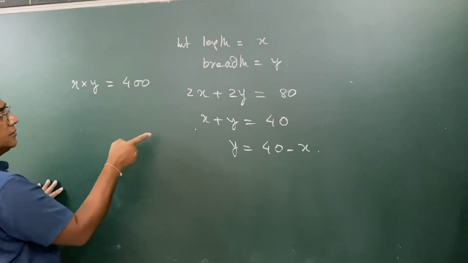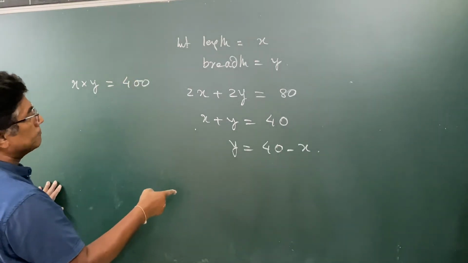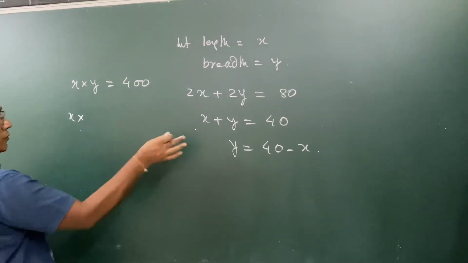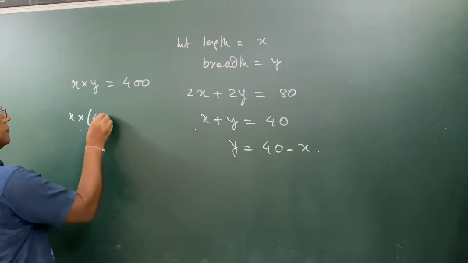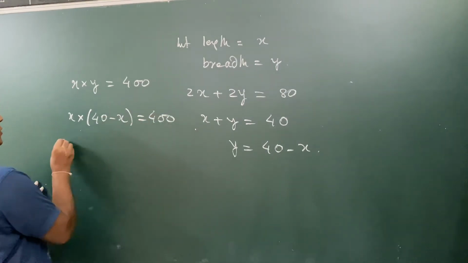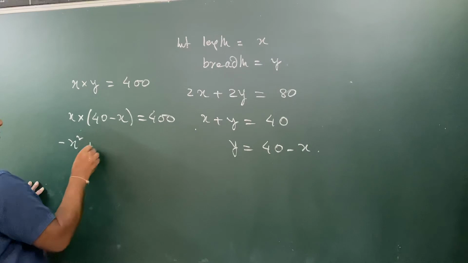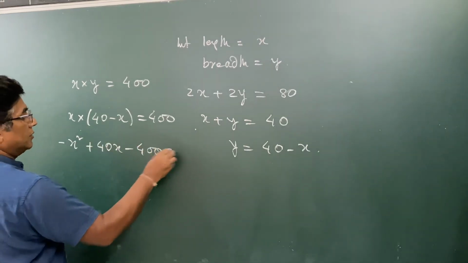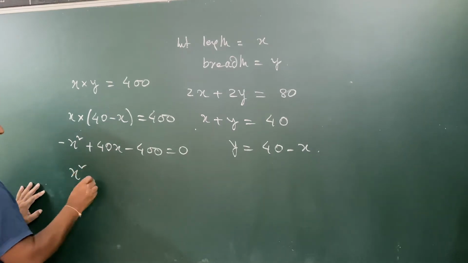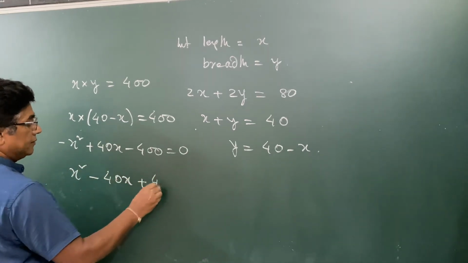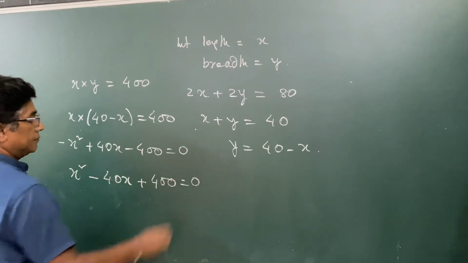Length is x, breadth 40 minus x, is equal to 400. So you get minus x square plus 40x minus 400 is equal to 0. So x square minus 40x plus 400 is equal to 0.